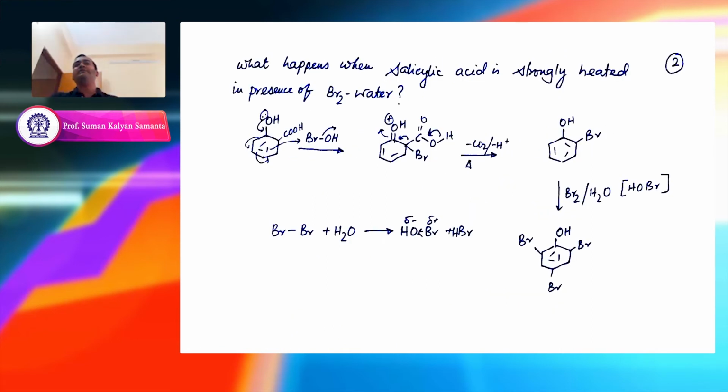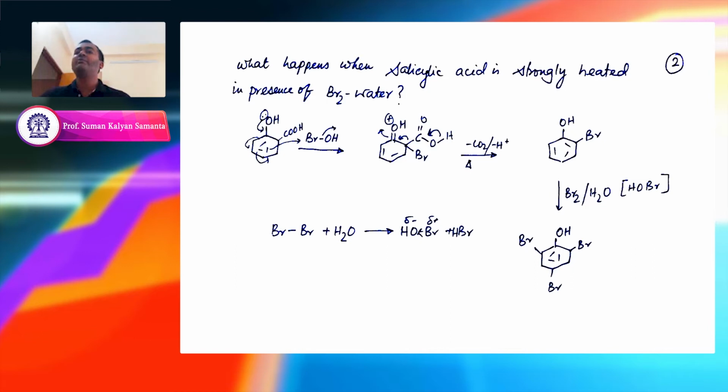Another example is, let's say you have salicylic acid. I think this experiment also you have done. So salicylic acid, if it is strongly heated in the presence of bromine water, what will happen? Generally, first this BrOH will form, like last time as I said, and then this lone pair will come and it takes one bromine from here, and then decarboxylation happens to give the monobromophenol.